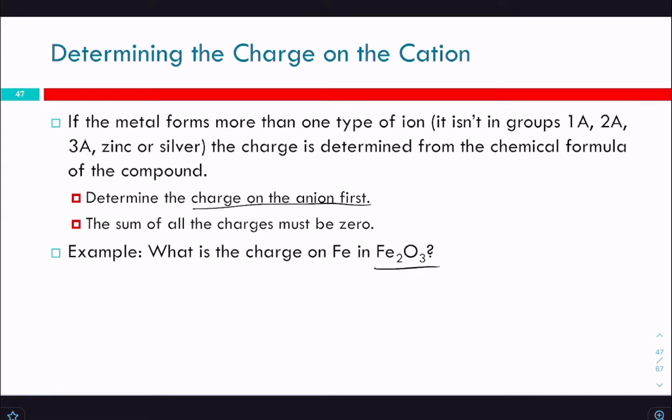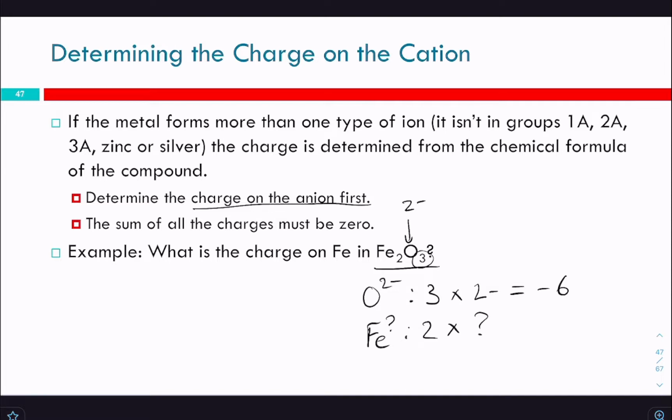So for iron oxide, we know that oxygen has a 2- charge. We know that there's 3 oxygens, so 3 times 2-. So 3 oxygen atoms times its charge of 2- means -6. Then for iron, we don't know what the charge is, but we know that we have, in this formula, 2 iron times some unknown charge.